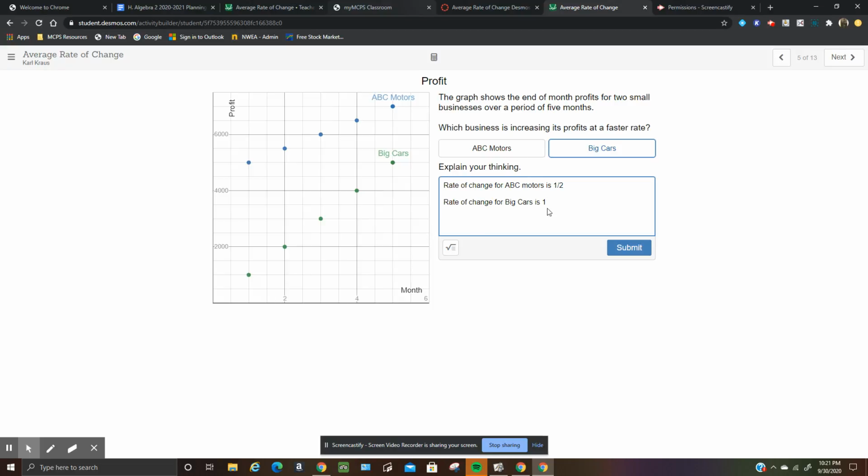So the rate of change for Big Cars is larger, or steeper.